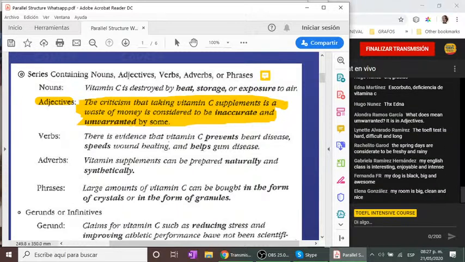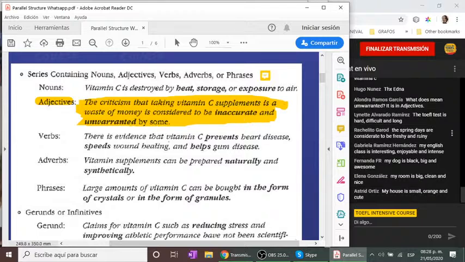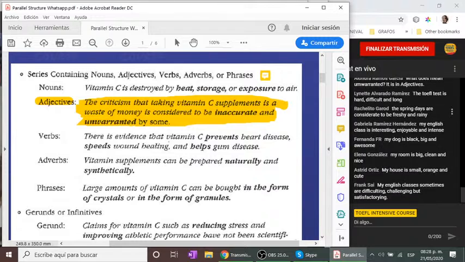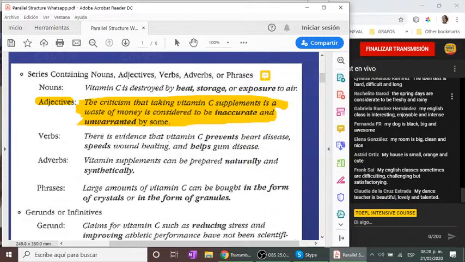It has to make sense. Like if you see inaccurate and unwarranted, it doesn't even sound right. So yeah, look at cohesiveness and look at what makes sense, because you won't have time to start with logical assumptions because you have little time to complete the test.